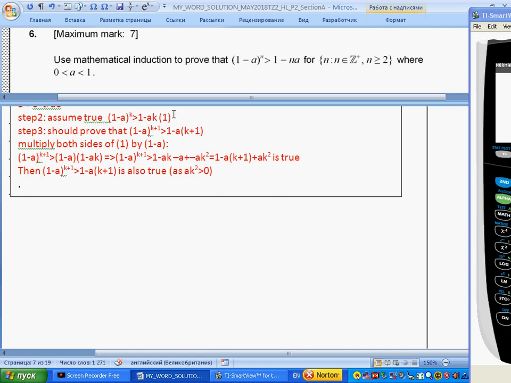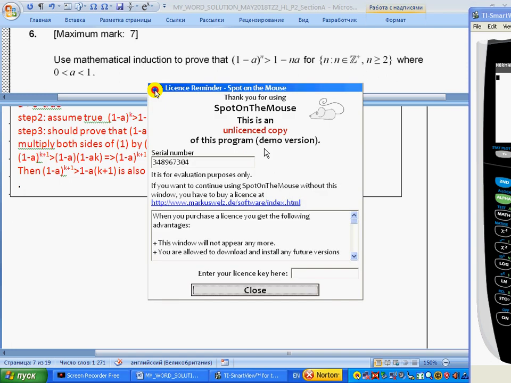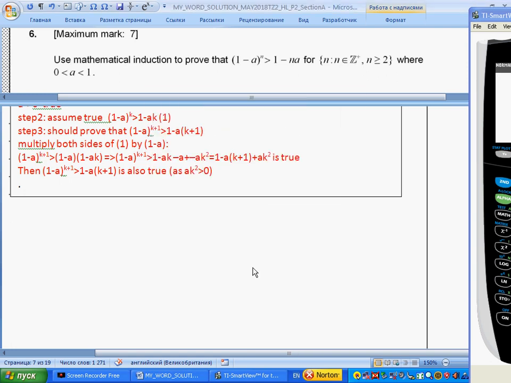Let's multiply both sides of 1 by 1 minus a, so we get on the left the same expression as here. After simplification, we get this formula, and because a to the power k squared is more than 0, if it is true for this expression, it's also true without this additional term. So this is true, so we proved it.